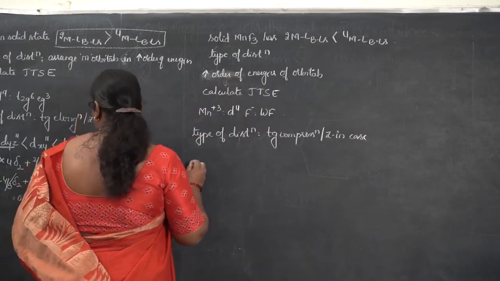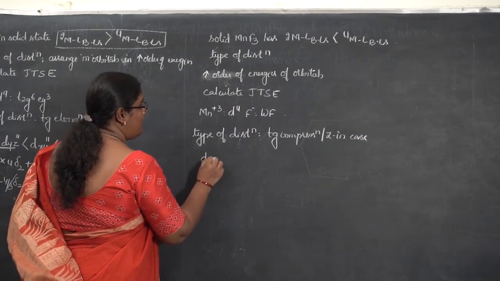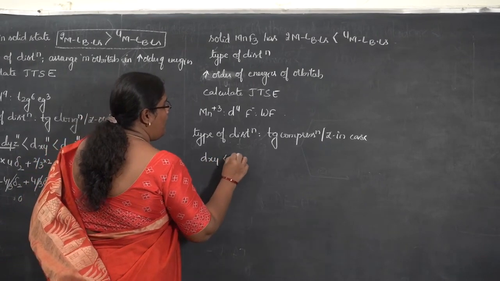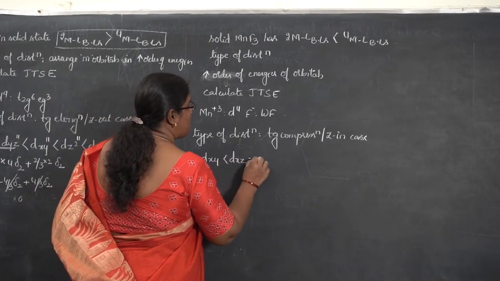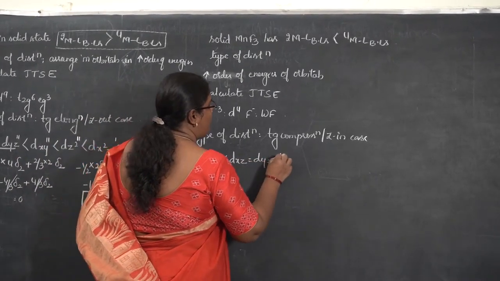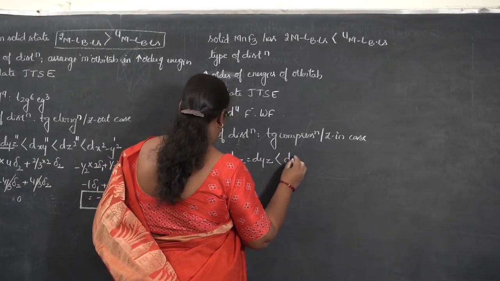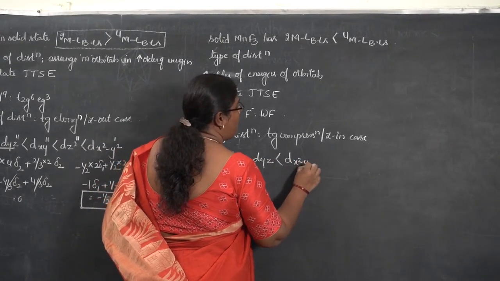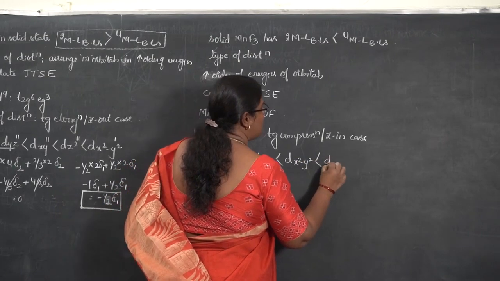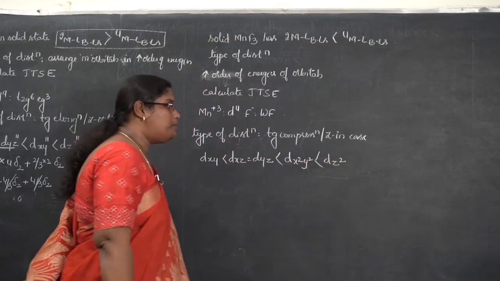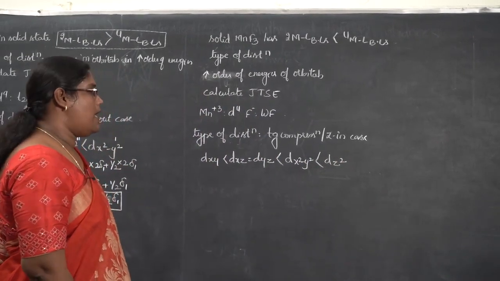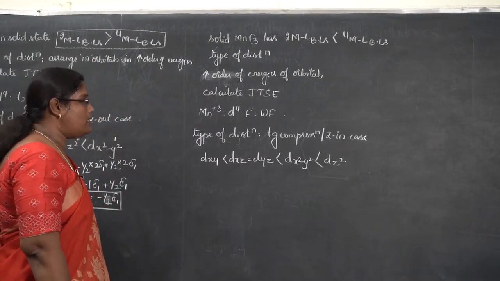Increasing order of energies of orbitals, that is dxy less than dxz equals dyz less than dx square minus y square less than dz square. So this is the increasing order of energies.